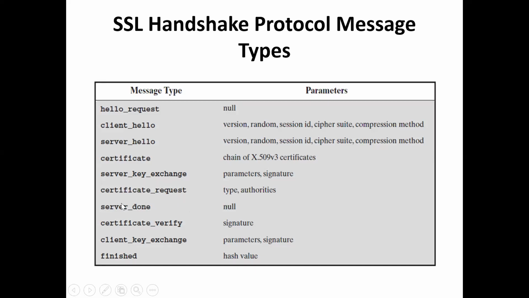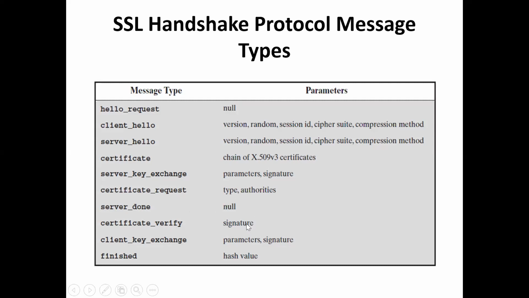Then server done. Whenever the server wants to end the hello message phase, it will send the message server done. Next, certificate verify. Any entity can verify the certificate using the signature, which is given by the public key authority.